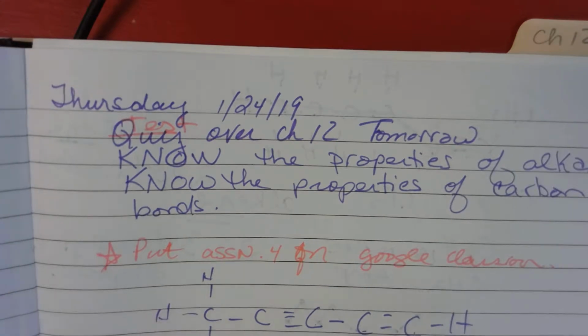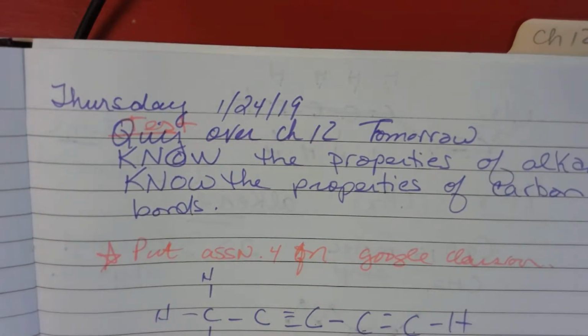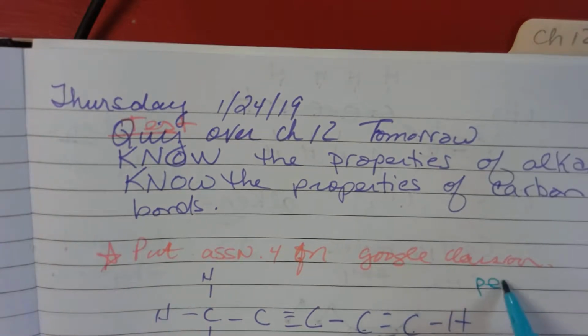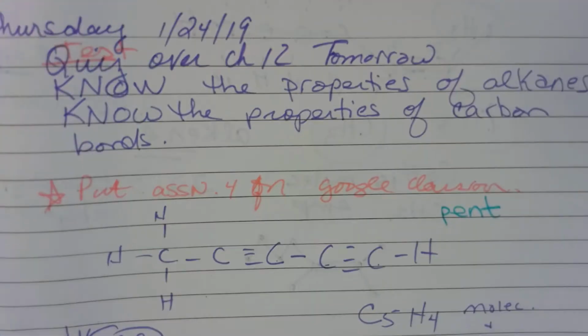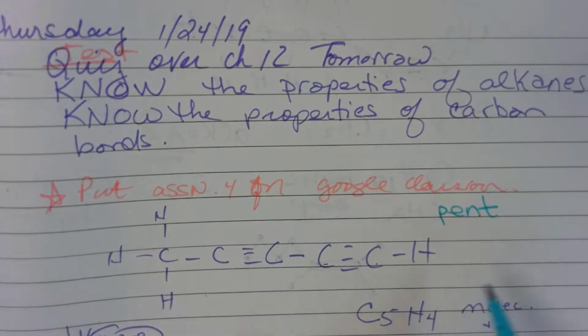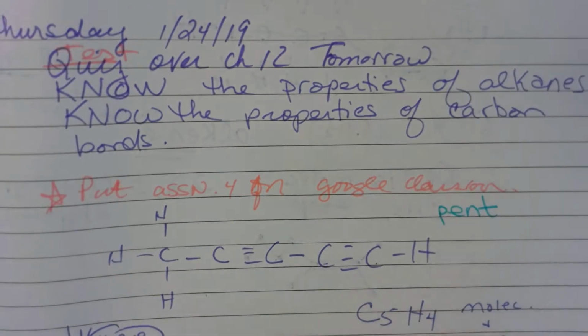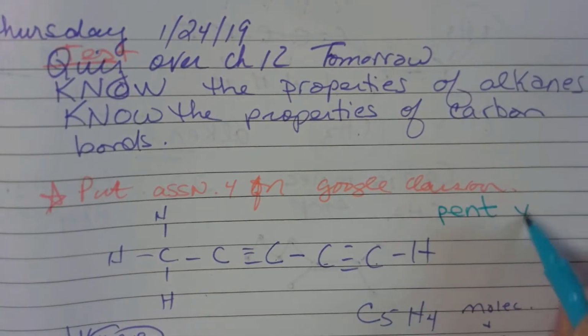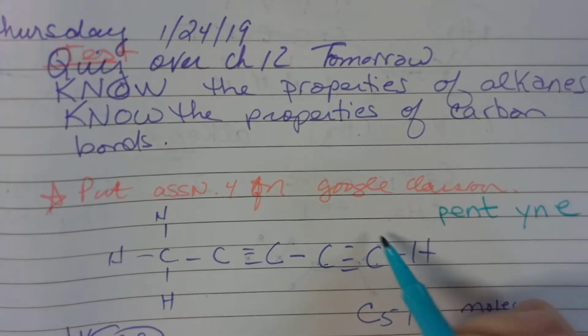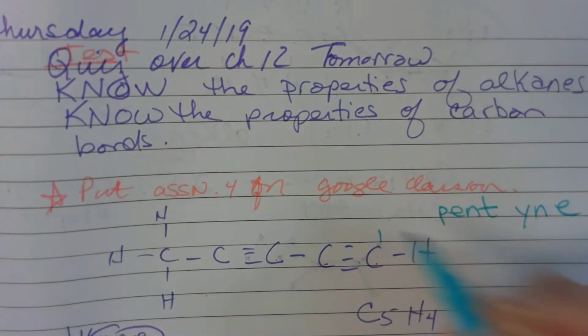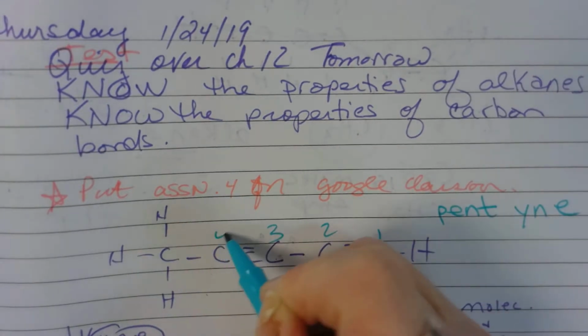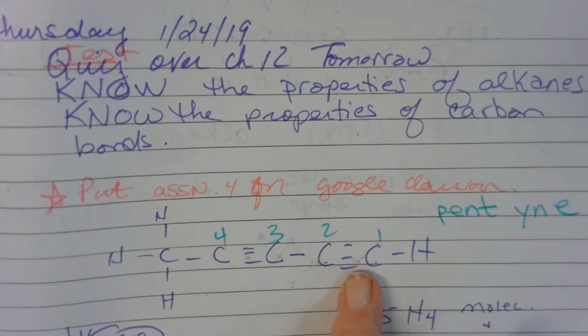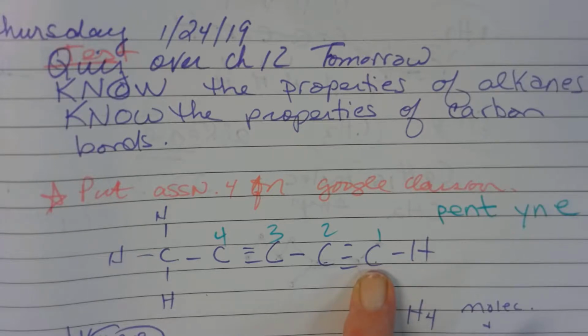On this one, we've got 1, 2, 3, 4, 5 total. So that's going to be pent. And then we've got triple bonds. So we're going to have to use the y and e. You want to number from this direction so that you have a triple bond beginning at 1.